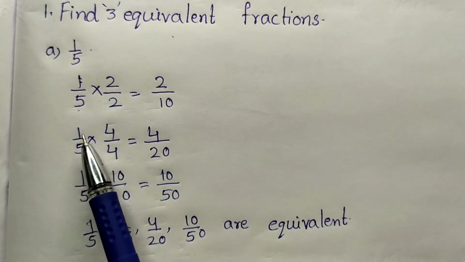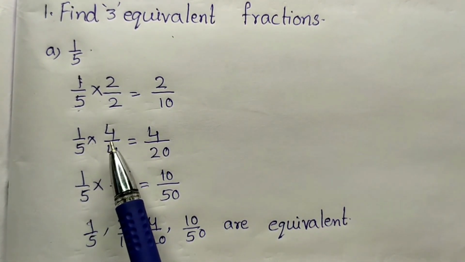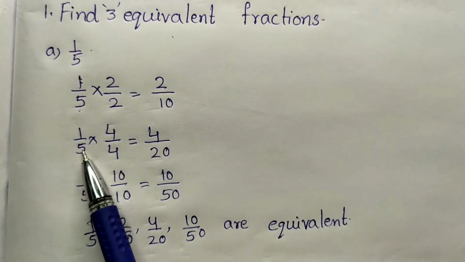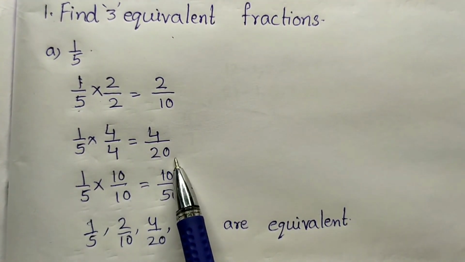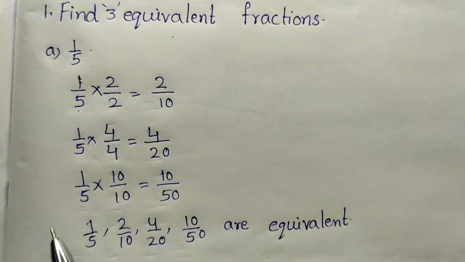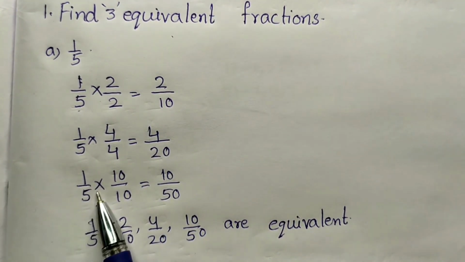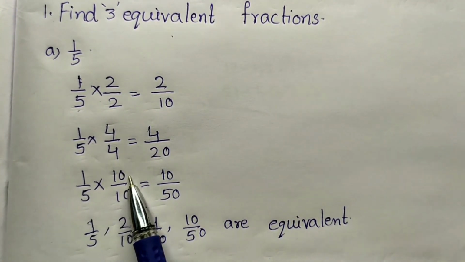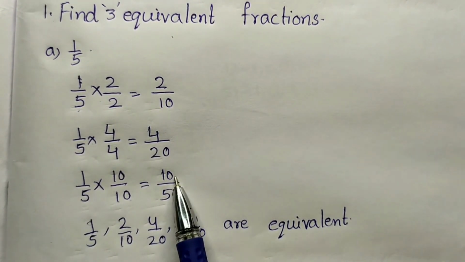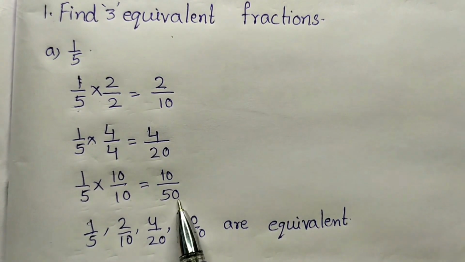And 1/5 times, I am multiplying with 4/4. So 1 times 4 is 4, 5 times 4 is 20. So 4/20 is also an equivalent fraction. 1/5 times, here I am taking 10/10, is equal to 1 times 10, 10, and 5 times 10 is 50.